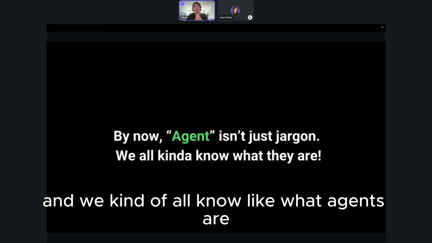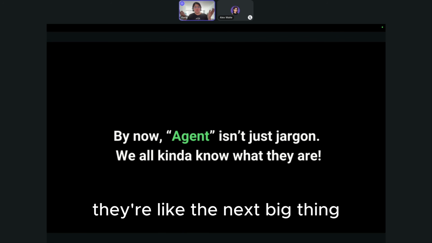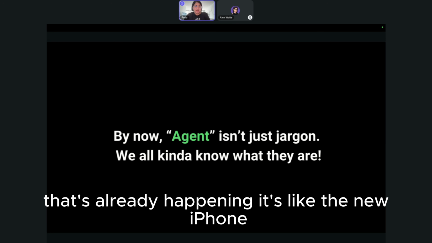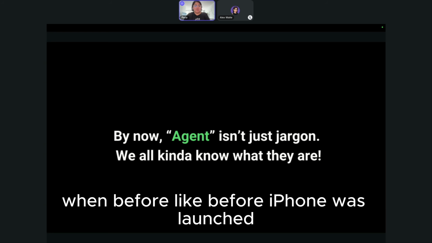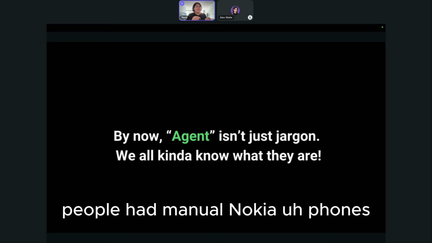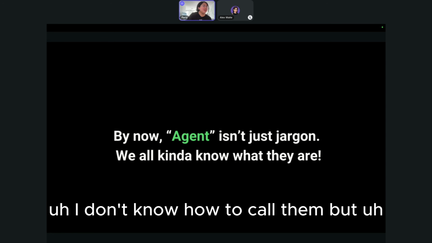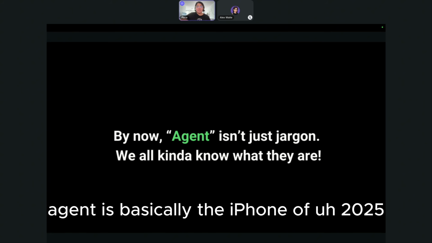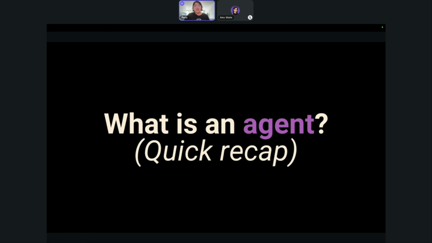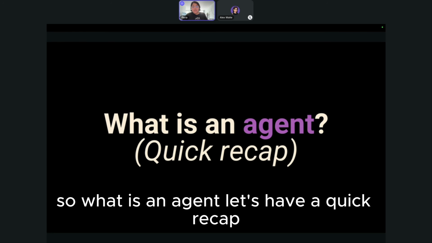And we kind of all know what agents are. They're the next big thing that's already happening. It's like the new iPhone. Before iPhone was launched, people had manual Nokia phones. I don't know how to call them, but agent is basically the iPhone of 2025.